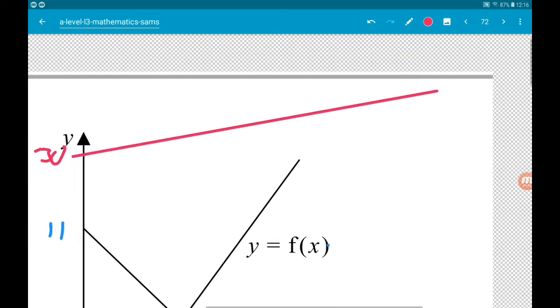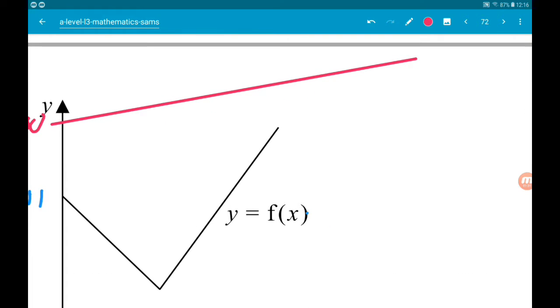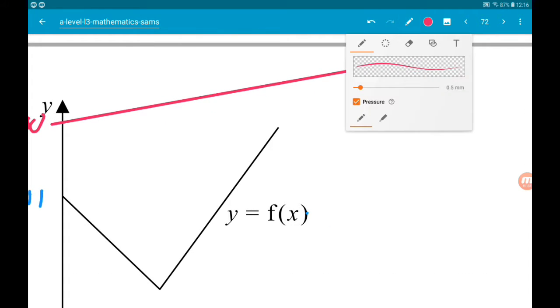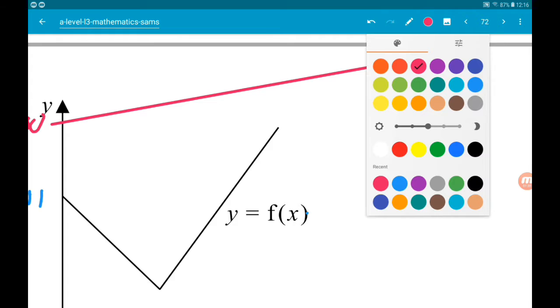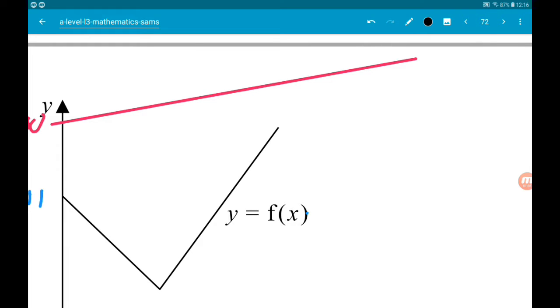So, any point of intersection is going to be on the part of the modulus graph where the gradient of the line is positive.